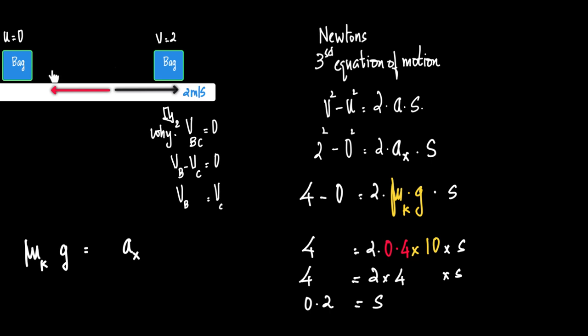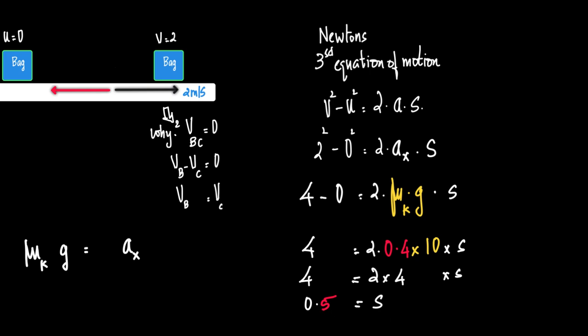Of course, because there is some relative motion here. The friction has to be kinetic in nature. 2 square minus 0 square is 4. Mu k is given to us as 0.4. g is 10. So 0.4 into 10 is 4. 4 by 4 is 1. 1 by 2 is... My bad, it is not 0.2. It should be 0.5. Therefore, the relative distance moved here is 0.5 meters.